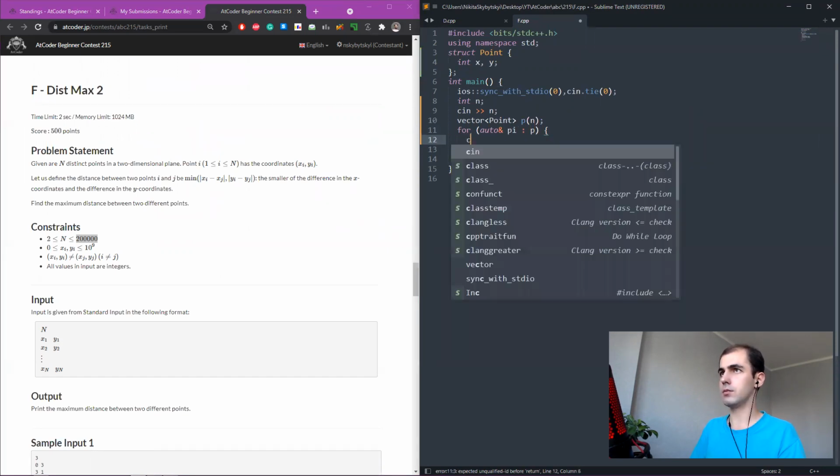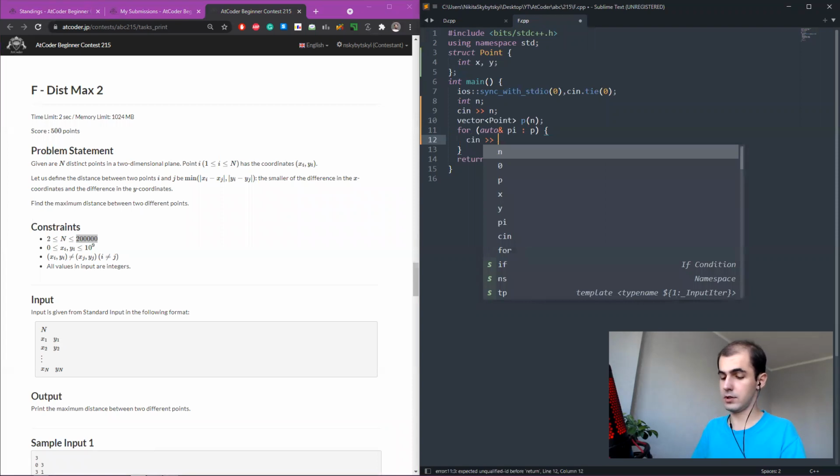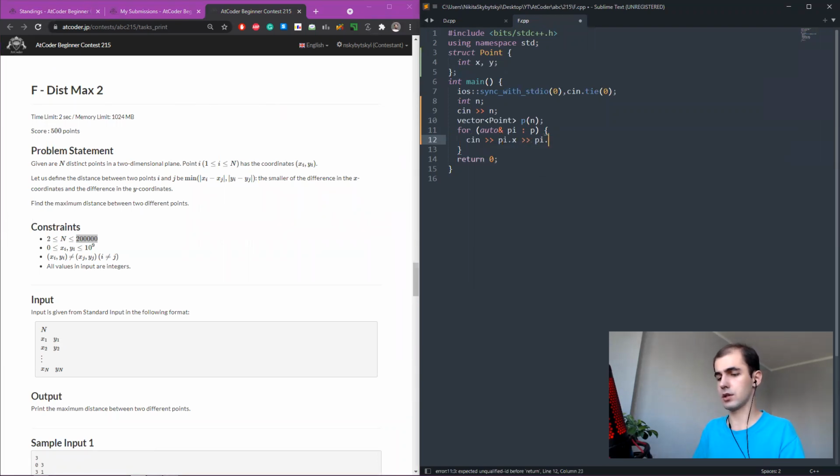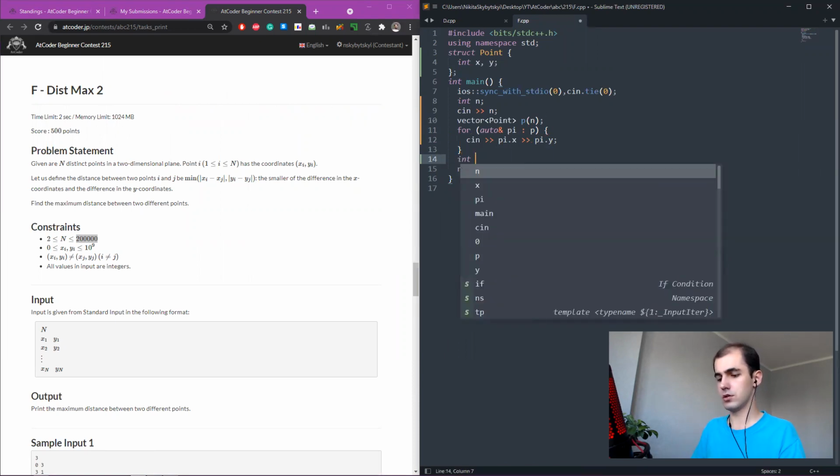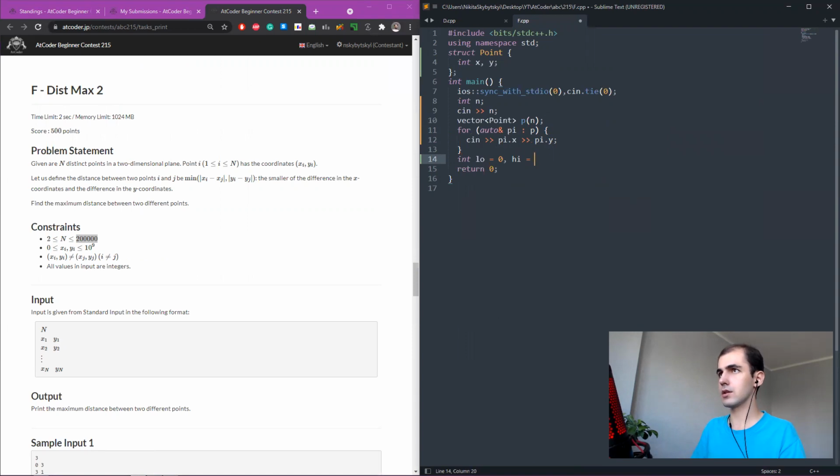So the idea will be to first binary search over the answer, because that is not a hard part of the solution. What is the maximum possible? 1 billion, right? So let's say we go with that.